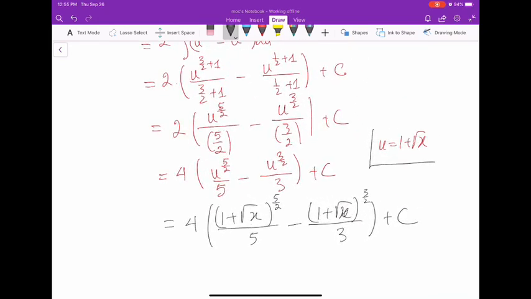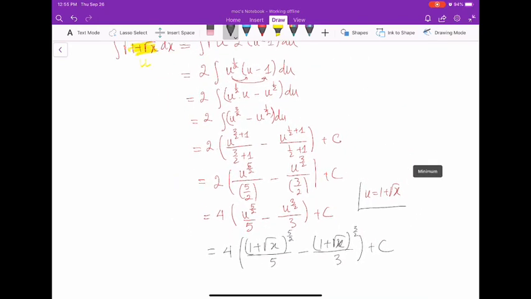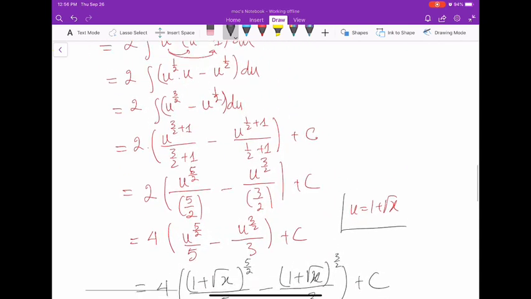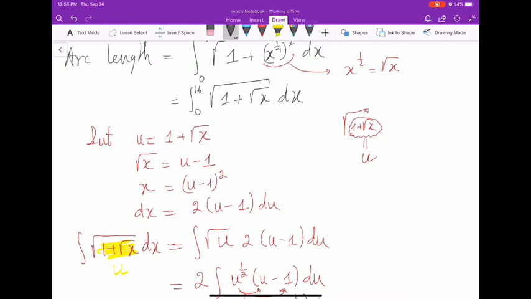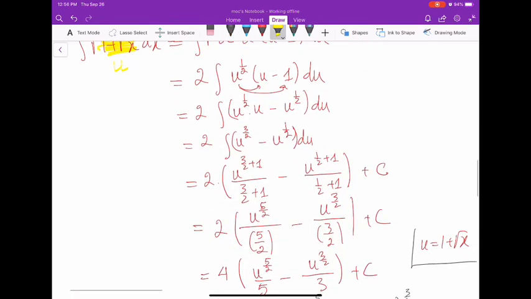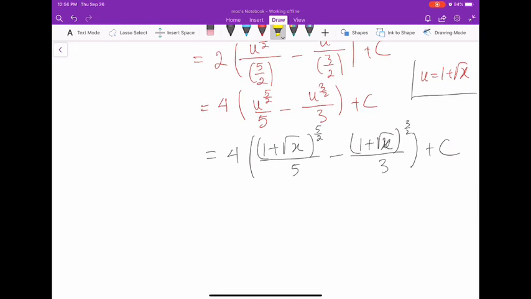And now we just plug into our original integral. We just need to plug 0 and 16 into this antiderivative.